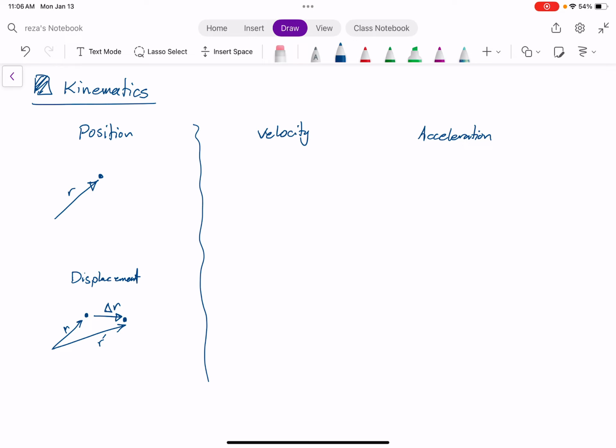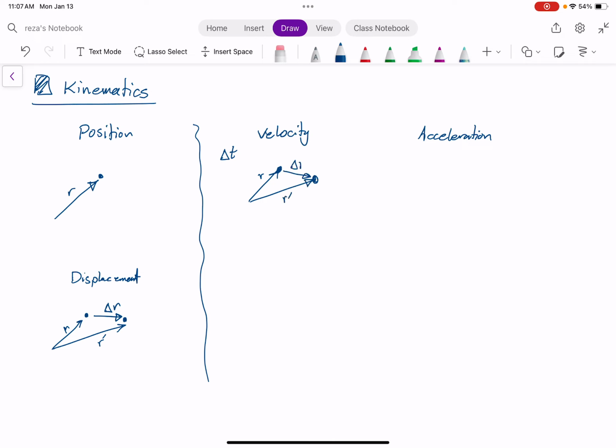If there is some time that has passed, delta t, you went from one point with some position to another point with another position. So you were here at the beginning, you went here to another location, R prime.